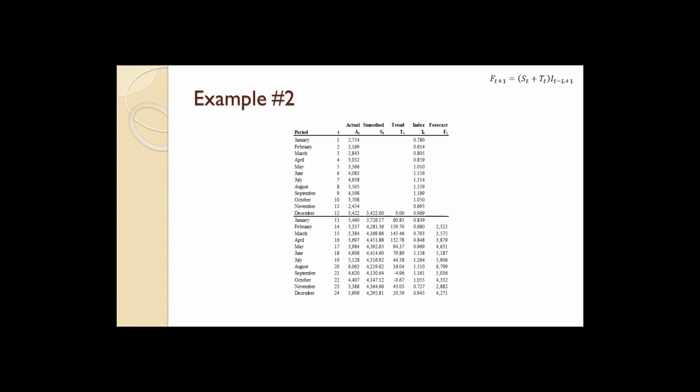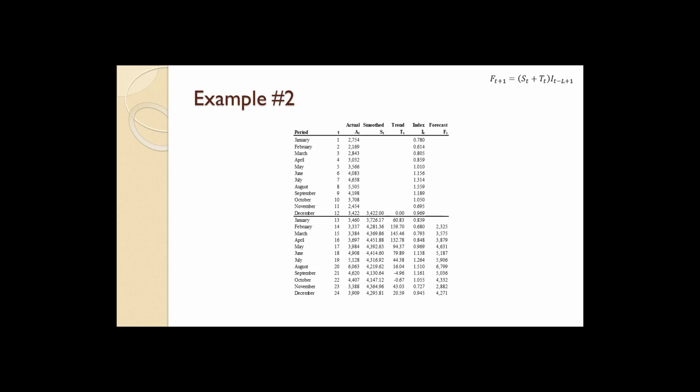F14 equals 3,726.17 plus 60.83, all times 0.614 equals 2,325. F15 equals 4,281.36 plus 159.70, all times 0.805 equals 3,575.